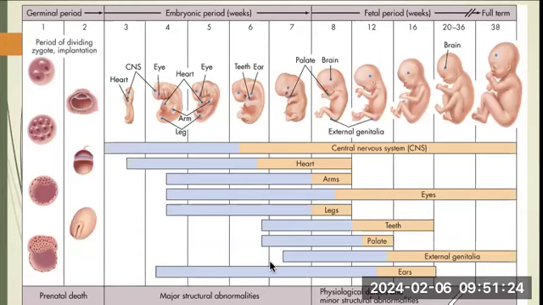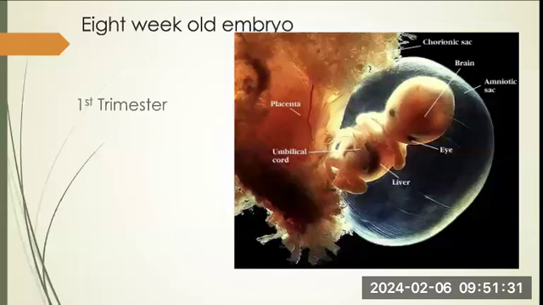Any questions about this chart? Okay. So this is a picture of an 8-week-old embryo. A lot of times at 8 weeks, mom knows she's pregnant. That's why this is the start of that first trimester.